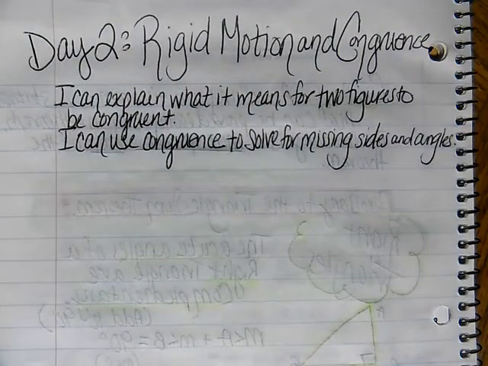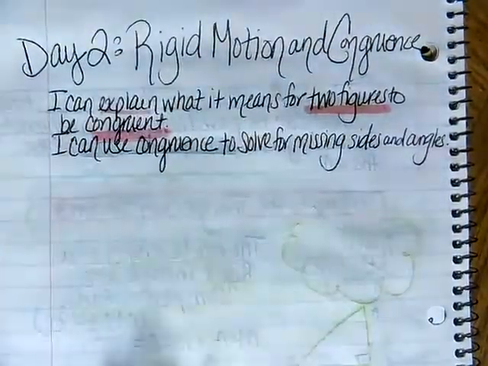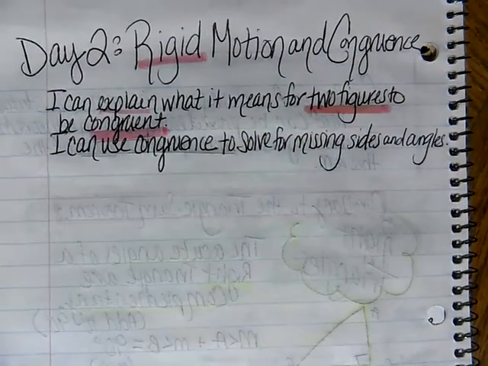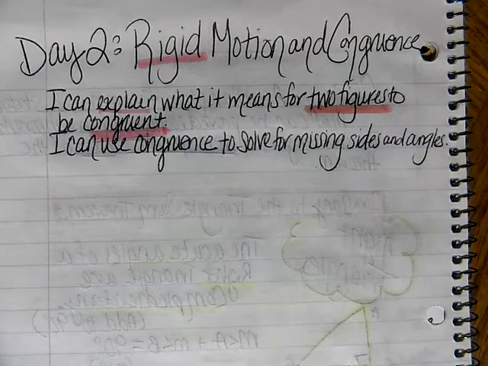So in our I can statements, we want to be able to explain what it means for two figures to be congruent. And also look at the title, rigid motion. Remember, we had a whole unit about rigid transformations, and rigid transformations were translations, reflections, and rotations.